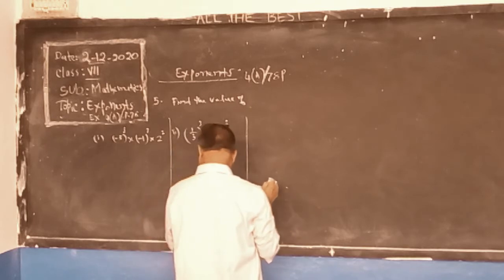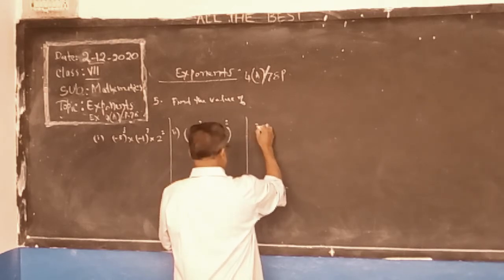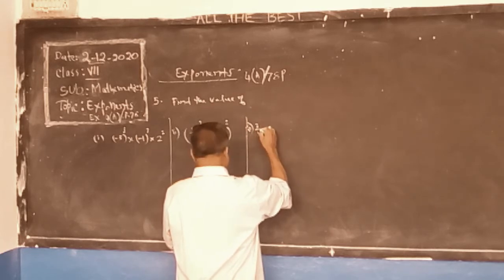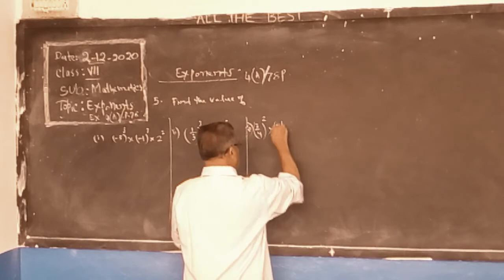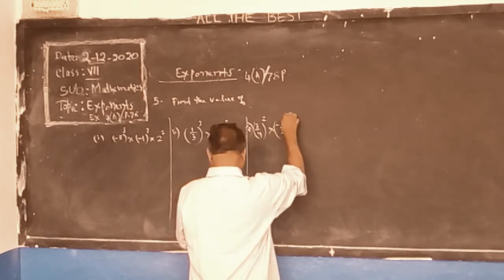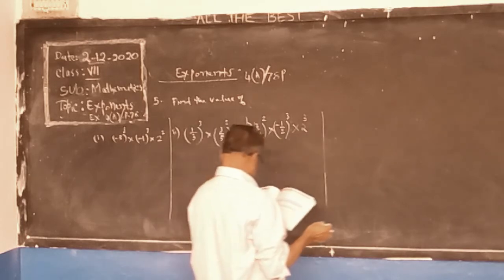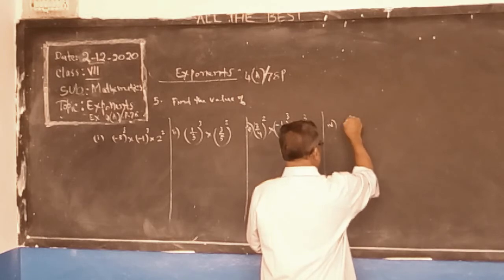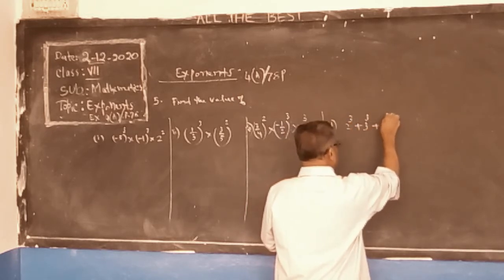Third: 3 by 4 whole square minus 1 by 2 whole cube into 2 cube. Fourth: 2 cube, 3 cube, 4 cube.